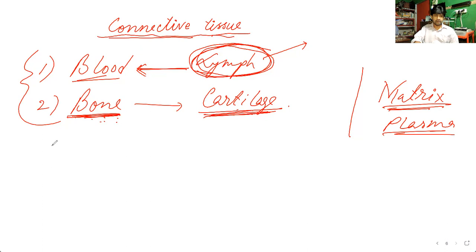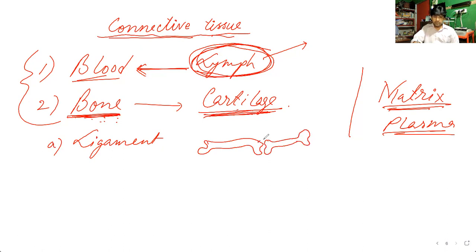Firstly, it explains the ligament. So what is a ligament? We have so many bones in our body, and one bone is connected with another bone by one special tissue.